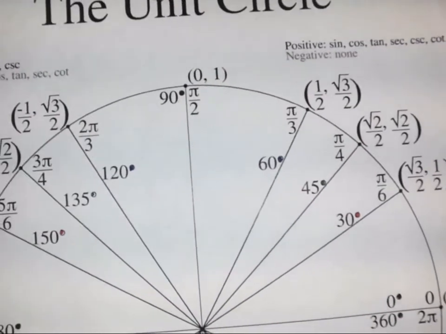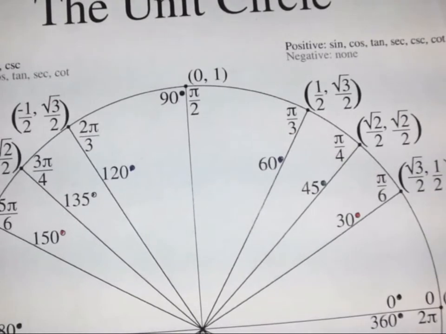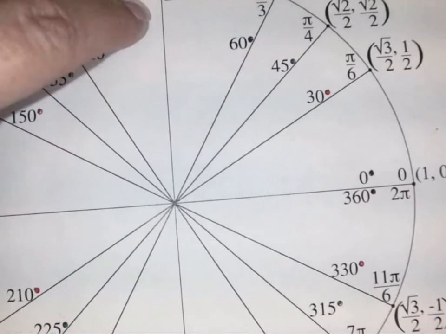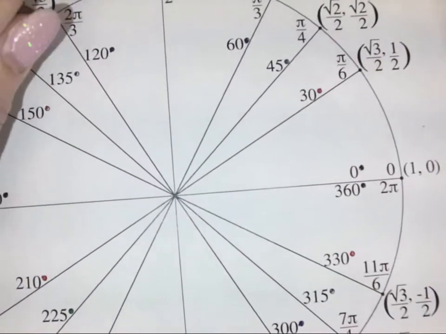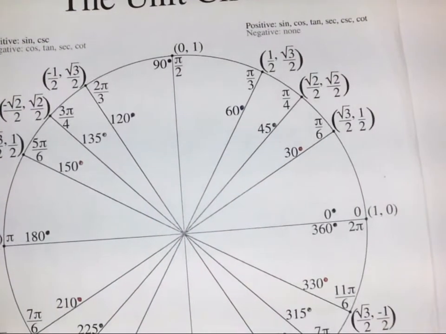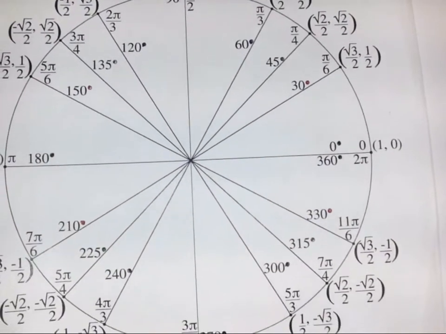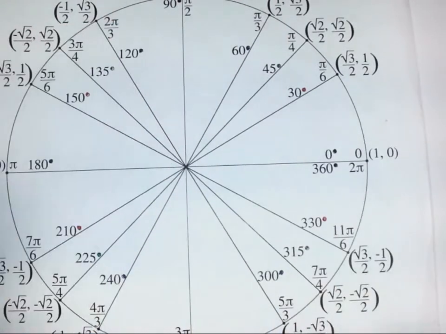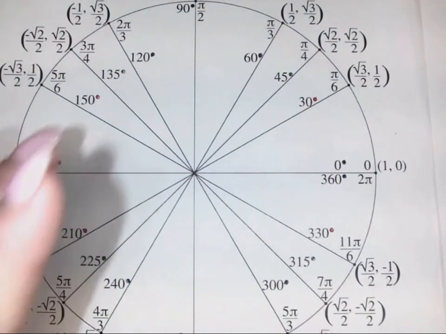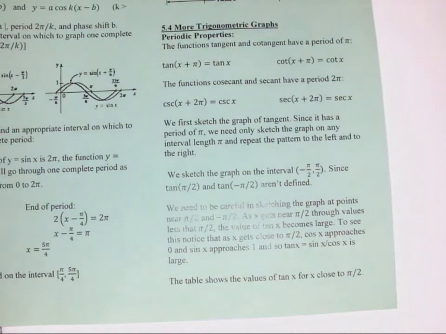So that's where our cosine function is 0, which makes tangent undefined at those two values. So the period of tangent would then be between pi over 2 and negative pi over 2 down here. It's going to be in this area here because it will be undefined at those points.